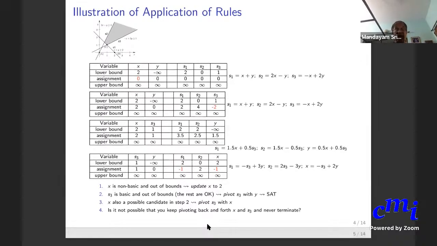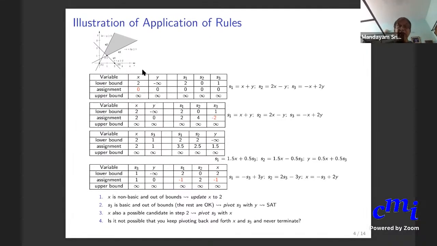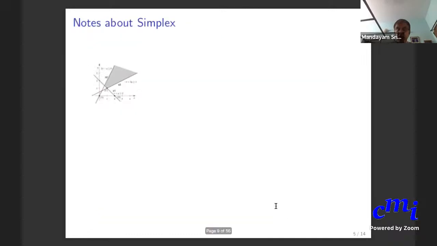That would happen if, for example, in this case, you move from A to D or A to B, and then you move back and forth. Then simplex may never terminate. It has to be making progress, in the sense that it has to be moving closer to a solution point.